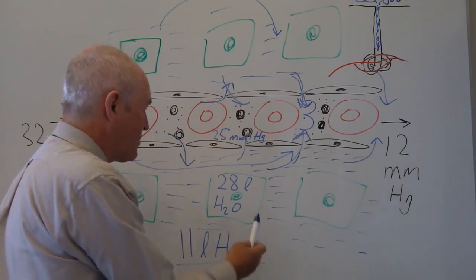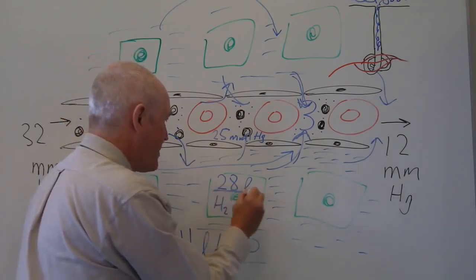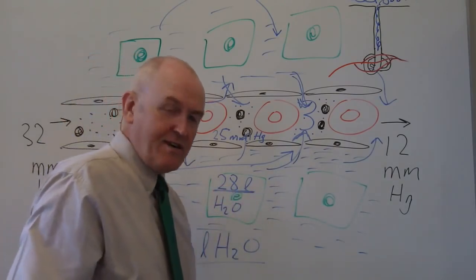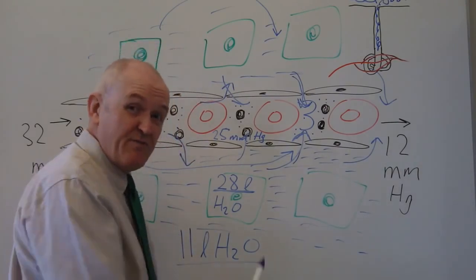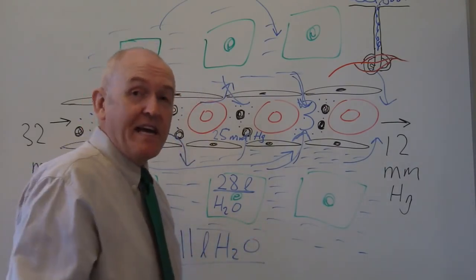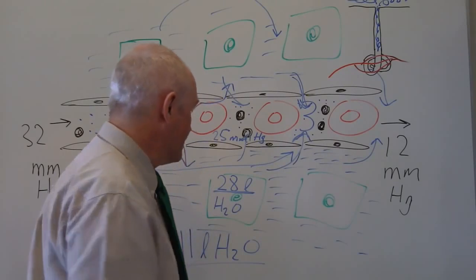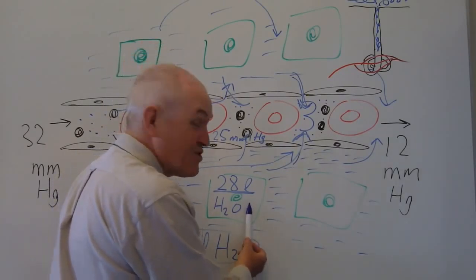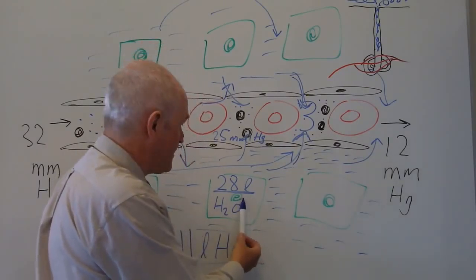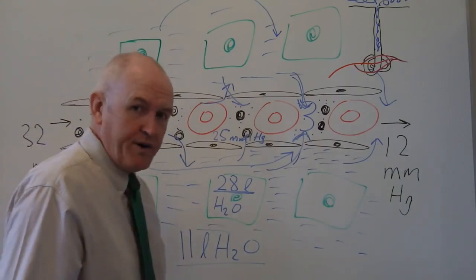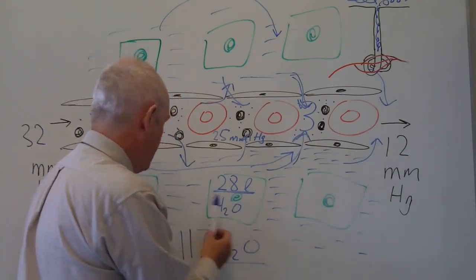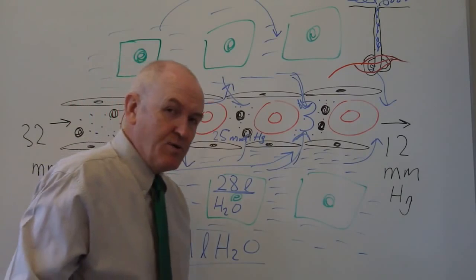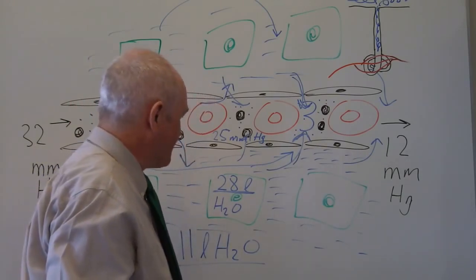But fortunately, look what we've got here. 28 litres of spare water. It's not really spare water, but there are 28 litres of water available inside the cells, in the intracellular compartment. And of course, it's not one intracellular compartment, it's trillions of individual intracellular compartments.